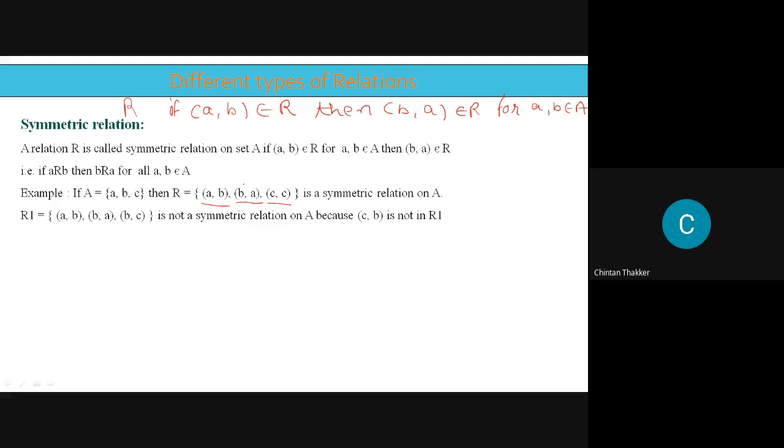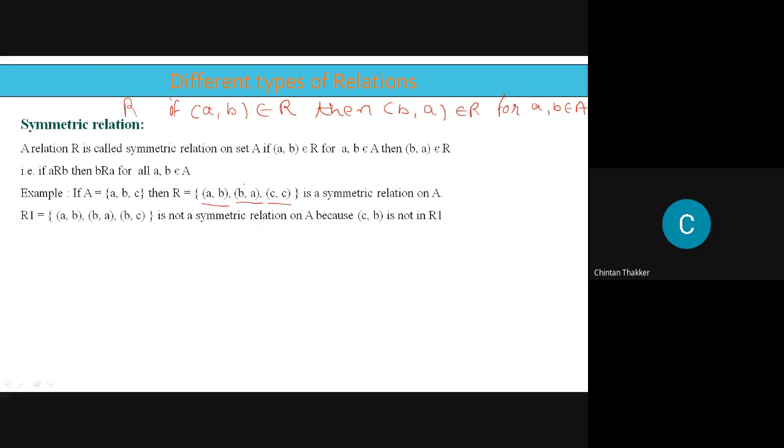Therefore R1 is not a symmetric relation on set A.